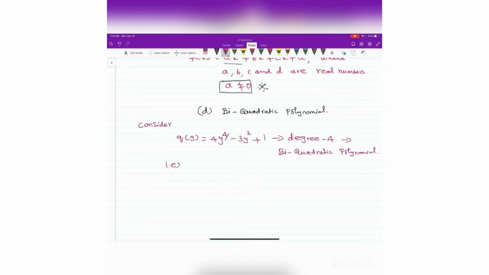That is, a polynomial of degree 4 is called a biquadratic polynomial.